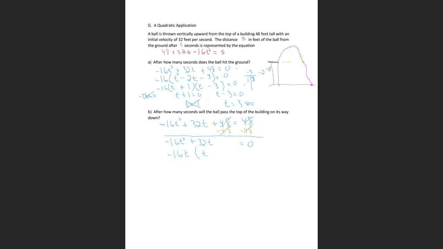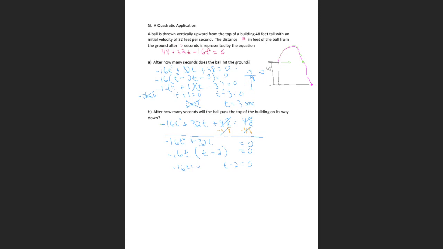That leaves me a t and a minus 2. Yeah, that looks right. Now we just set each factor equal to 0. So negative 16t, set that equal to 0. And t minus 2 equal to 0.